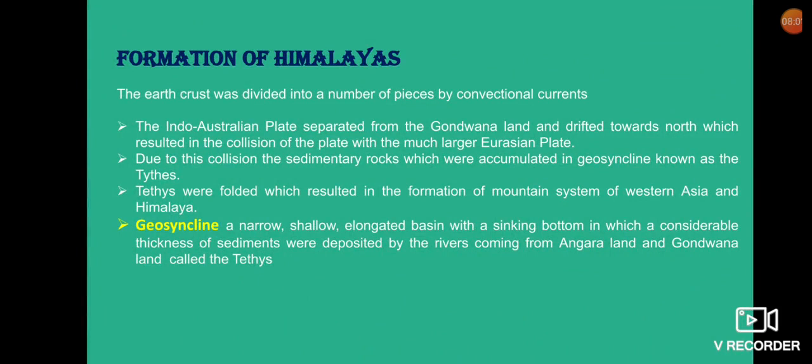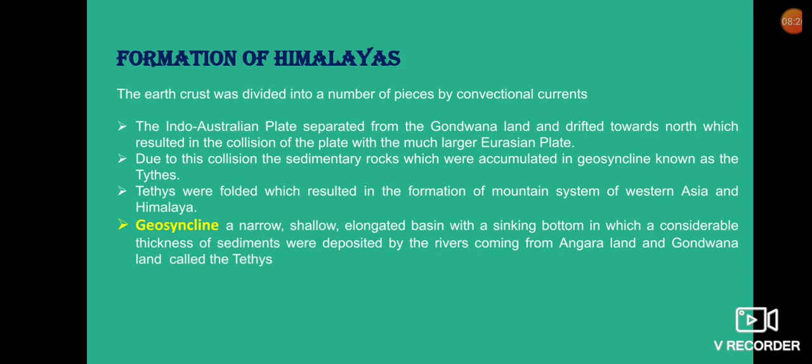Due to this drift, the formation of the Himalayas occurred. About 220 million years ago, India was a part of an ancient supercontinent called Gondwana land. This vast landmass included the present-day South America, Africa, Australia and Antarctica.